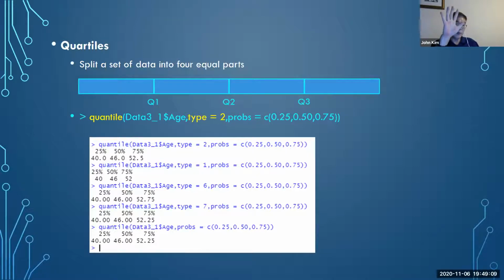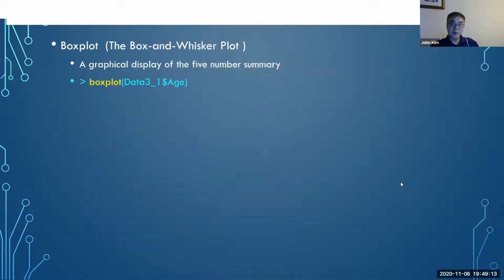Using these 5 numbers, we develop a box type plot. Then based on that box plot, we can describe the data shape.